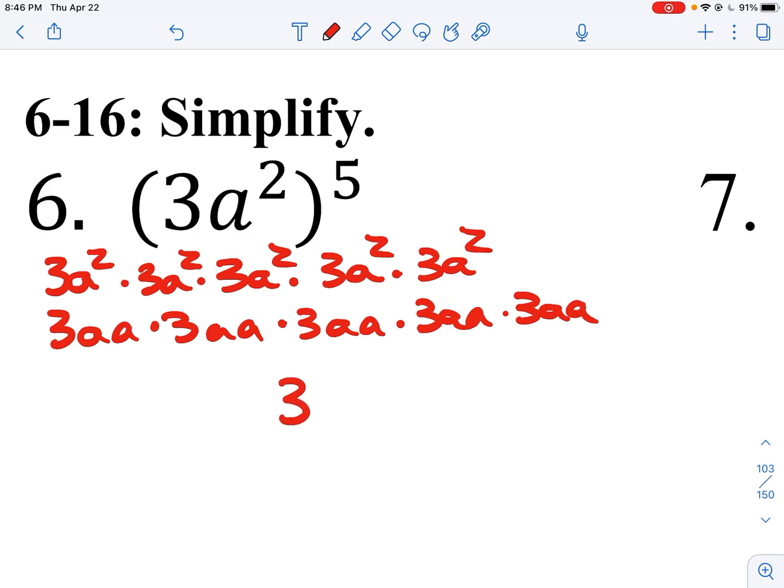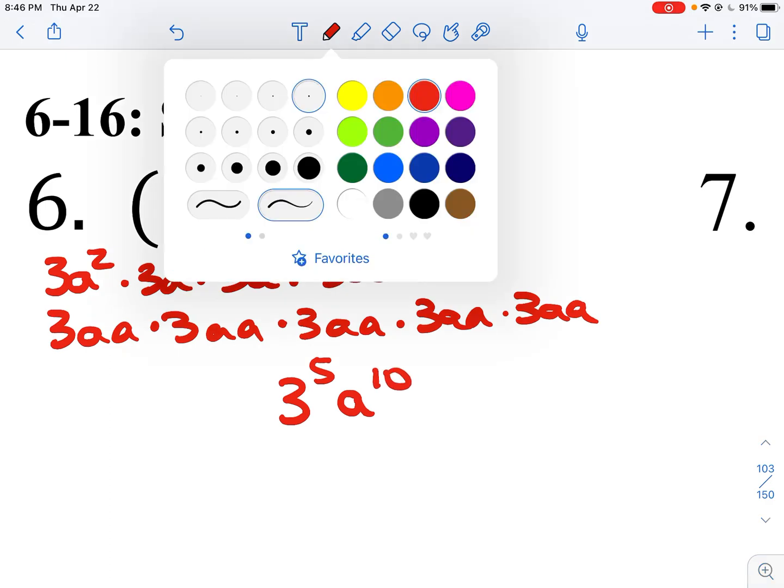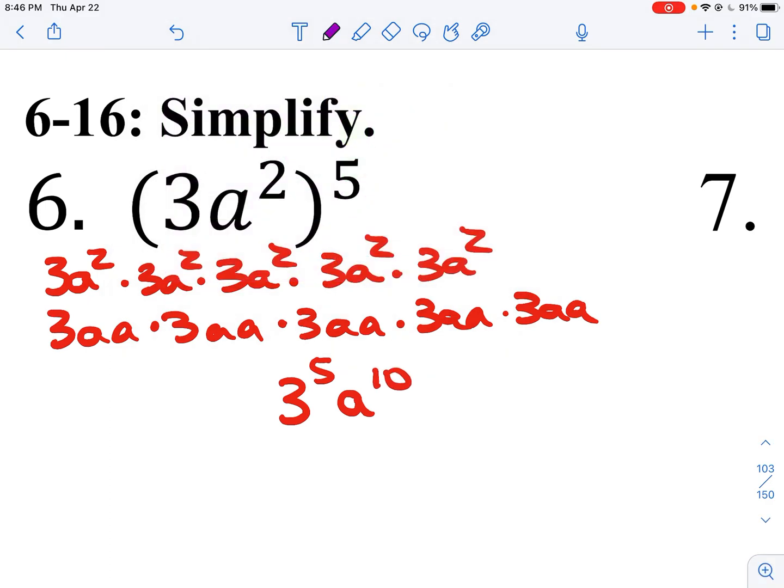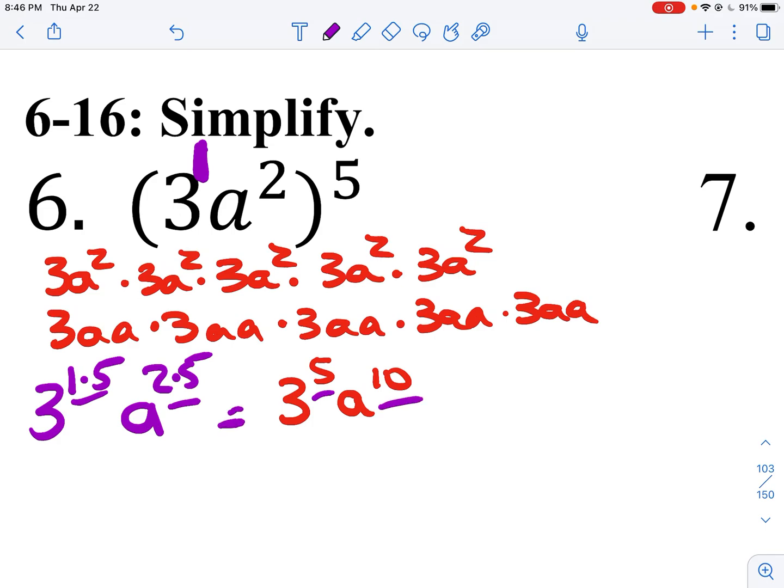So this would get me 3 to the 5th power, a to the 10th power. But if you were to show the property, there's an invisible 1 there, so it would be 3 to the 1 times 5, a to the 2 times 5. 1 times 5 gets 5. 2 times 5 gets 10.